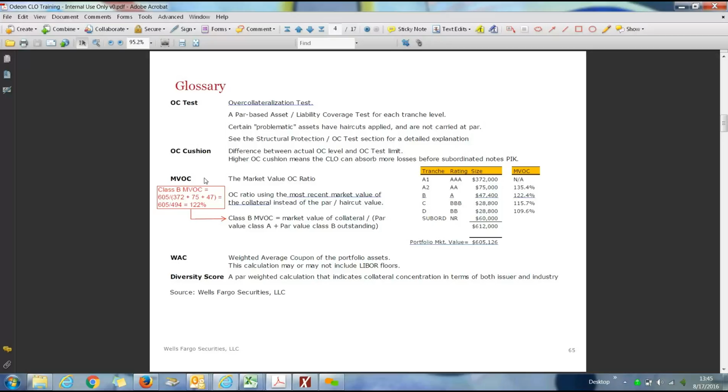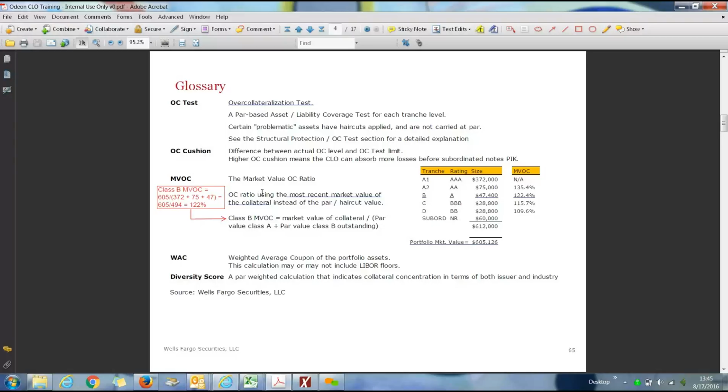So now, the guy who bought that single B to make his deal work at the beginning, and now it turned into a triple C, or maybe it's O-rig or C-drill, it's priced at 44 cents, okay? So instead of putting the par value, the 100 cents on the dollar, he's going to put 44 cents into this calculation, and that's why it's called the MVOC.